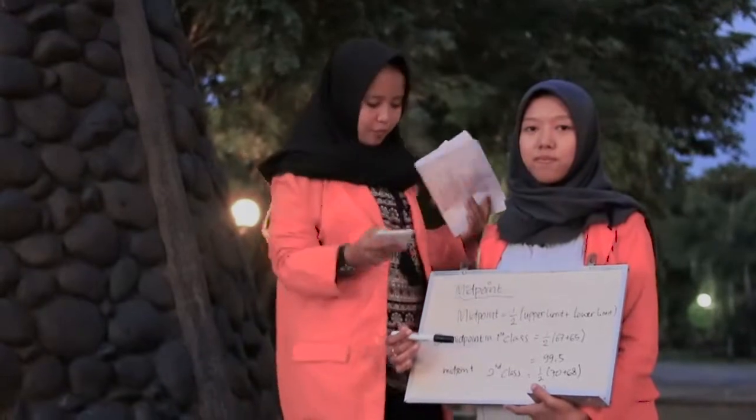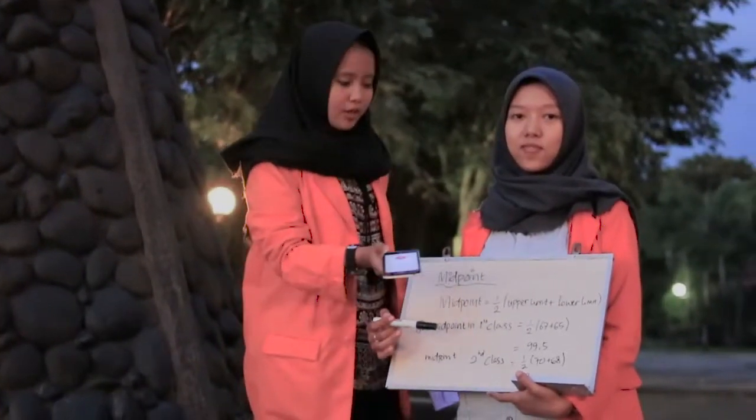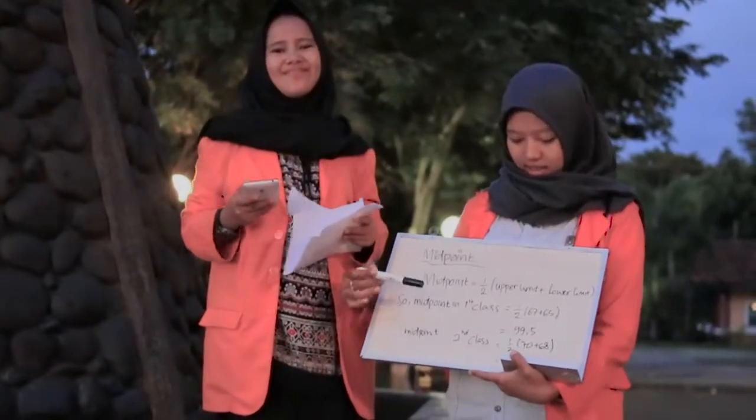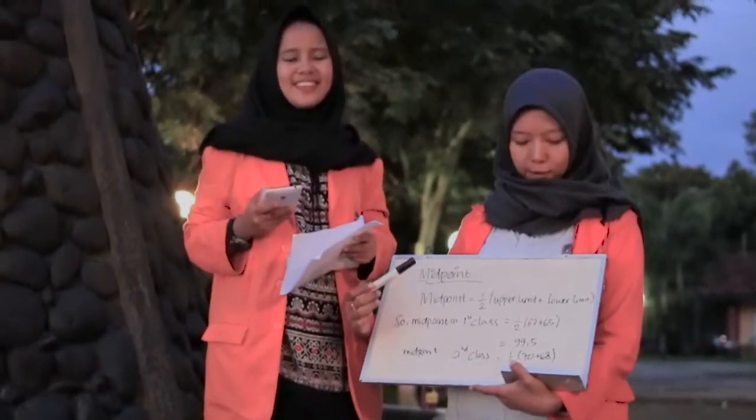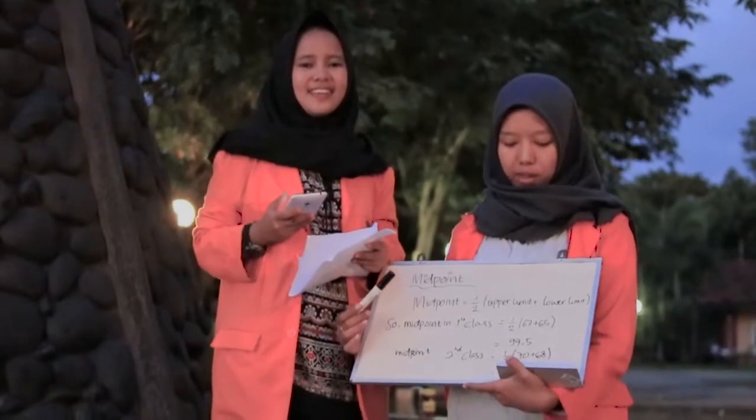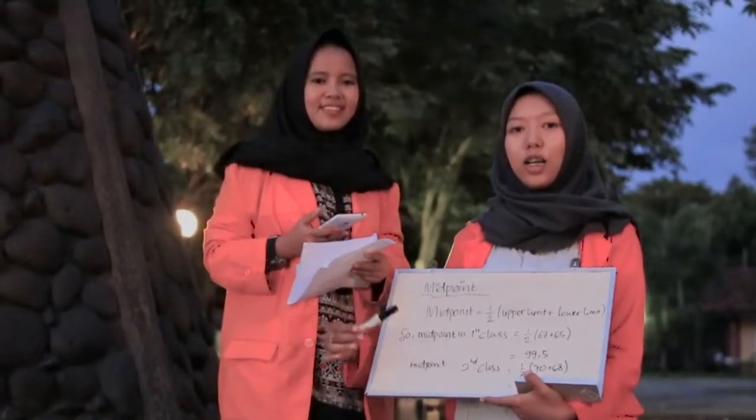To determine the midpoint, we can use this formula: midpoint equals half times upper limit plus lower limit. So, for the first class, half times 67 plus 65 equals 99.5. And the second class is half times 70 plus 68 equals 96. So that's the way we can use in all the classes.